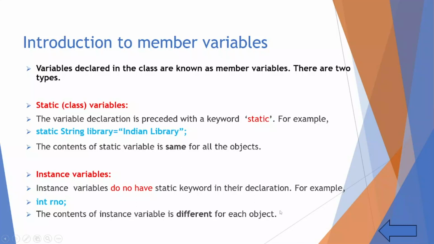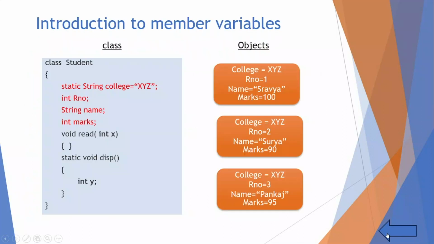Let's see. Look at this class Student, in which there are 4 member variables, the red colored ones only. Void read has an index, but it is not a member variable, it is a parameter. And the void disp method also has one variable, int y, which is a local variable. So 4 of them are declared inside the class, not inside a method.